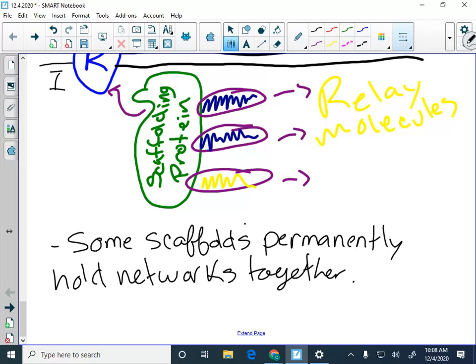And in other cases, our scaffolding proteins directly activate these relay proteins. So instead of just attaching, binding, and releasing the relay molecules, they can actually activate the relay molecules.